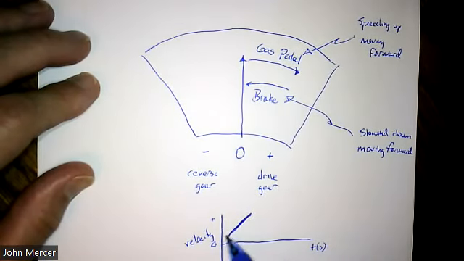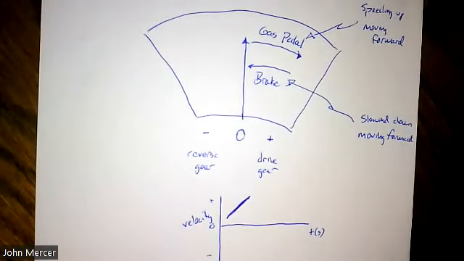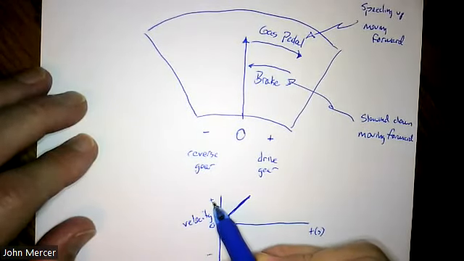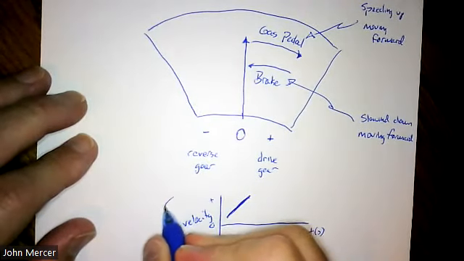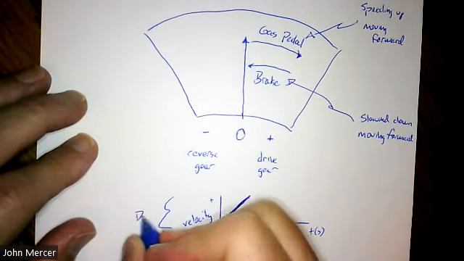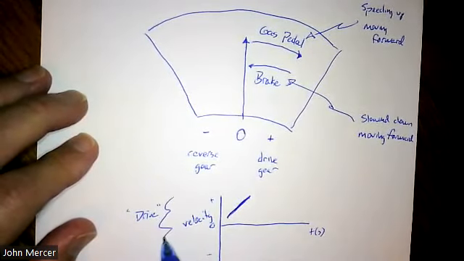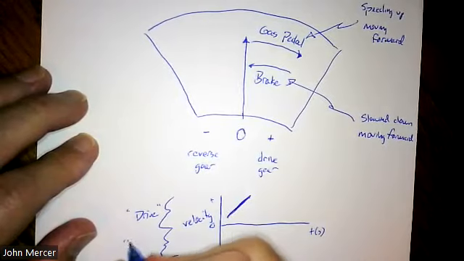I'm speeding up while moving in the positive direction. Remember, the direction of the acceleration vector does not tell us which way we're moving. The direction of the velocity vector does tell us which way we're moving. And in essence, these positive velocities are drive gear, and these negative velocities are reverse gear.